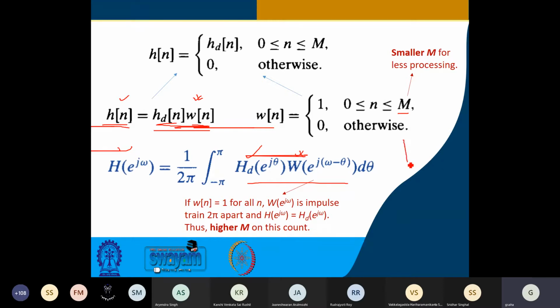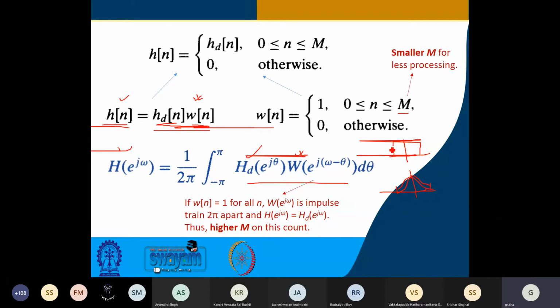For the rectangular window, we had seen the coefficients are like this. If this is the central point, the rest are all 0. For the Hamming window, we had seen that the coefficients are like this. After that, it is all 0. And similarly, the Hanning window, we had seen like this.